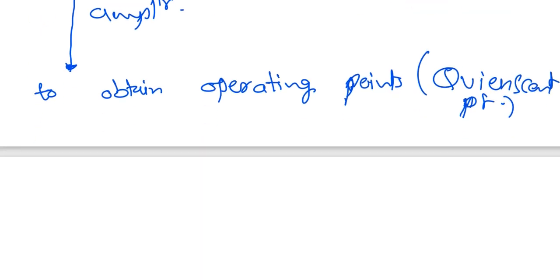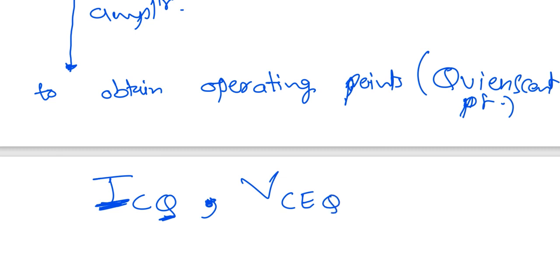That means we will obtain the operating points ICQ, where Q indicates the quiescent point, so the DC collector current, capital letter meaning DC, and VCEQ, the collector to emitter voltage.